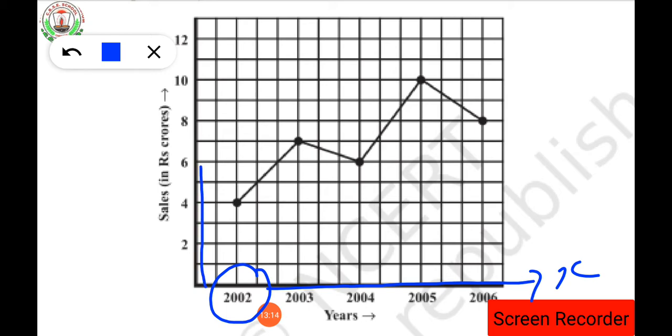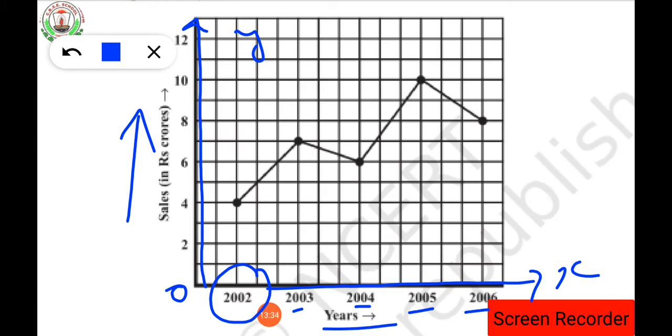This one is marked as the y-axis. Then here the years are marked, that is 2002, 2003, 2004, 2005, 2006. Then here is the origin 0, and sales in rupees crores is marked along the y-axis, that is vertical, isn't it? So here the sales are marked.